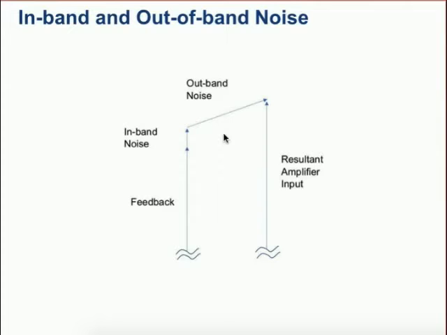Now the region we're interested in, the region governed by the Leeson equation, the minus 20 dB slope against offset from carrier frequency. This is the region where the effect that the out-of-band noise has on the feedback vector varies throughout that region.